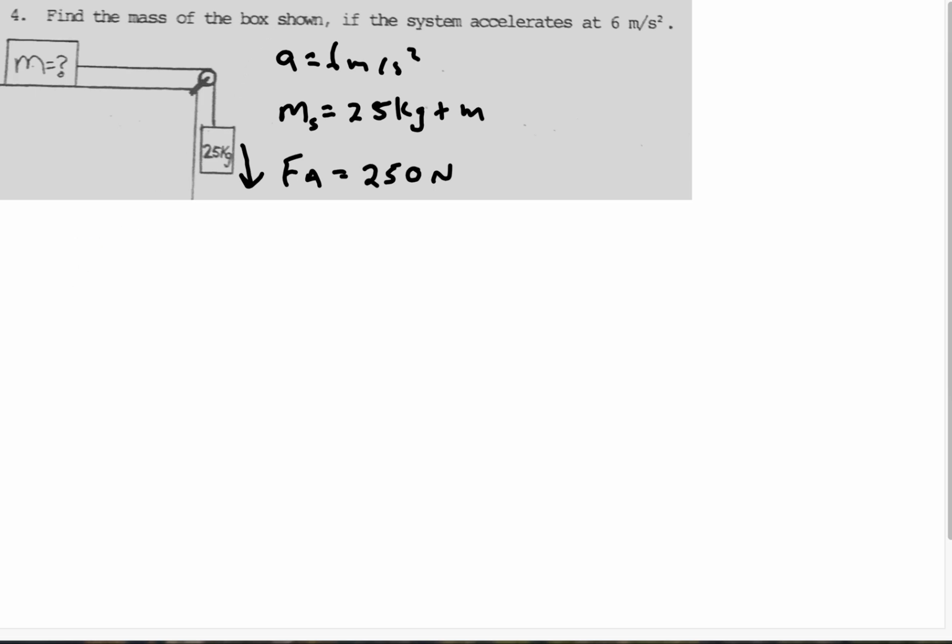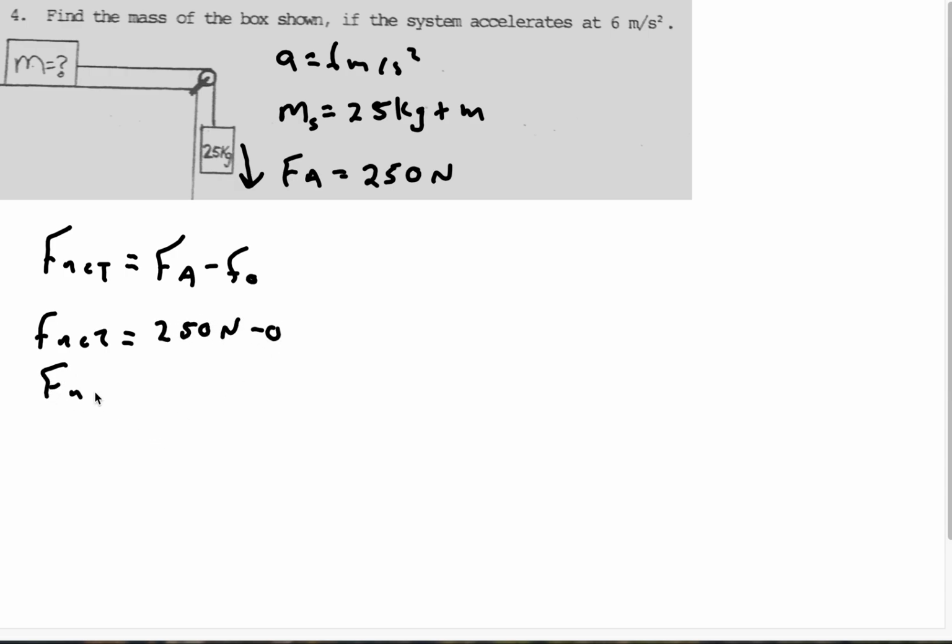All right? So when I look at the net force, it's all of the applied forces minus all of the opposing forces. There is only an applied force. There's only the weight of this hanging mass. So the net force is going to be 250 minus 0. Well, that's just 250, right? If there's only one force, it has to be the net force.